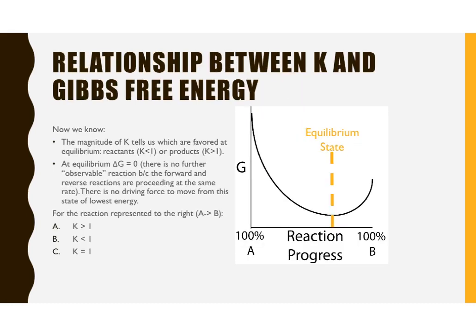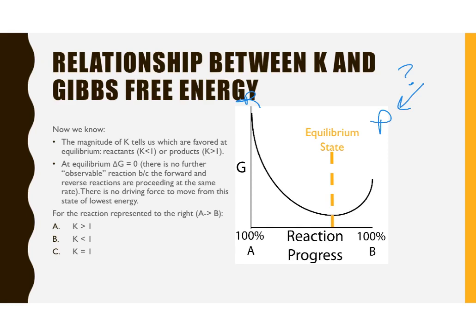Here's a very simple type question using a free energy curve. Look at the graph here, and for whatever reaction this might be, what's favored in this reaction? Are products favored or are reactants favored?